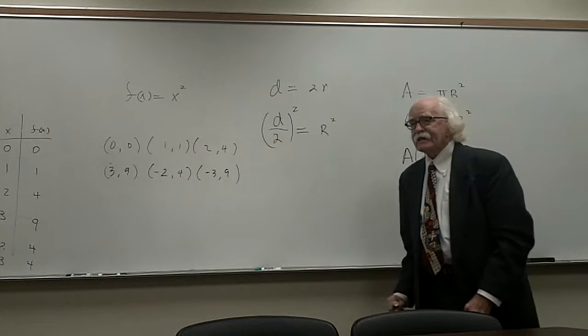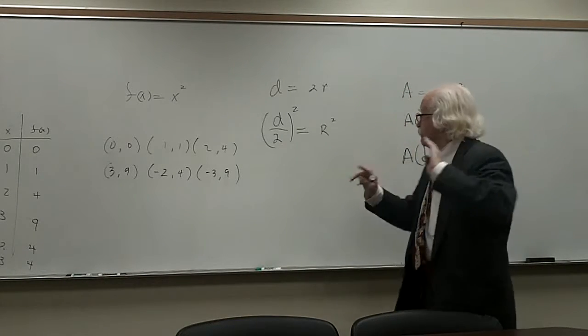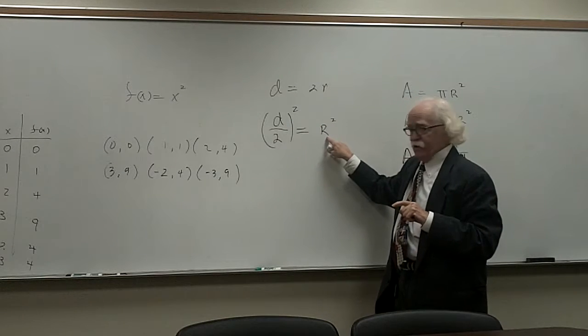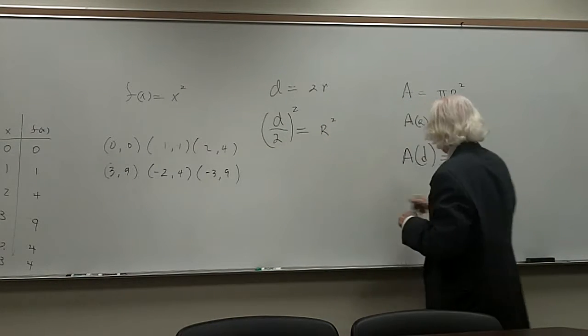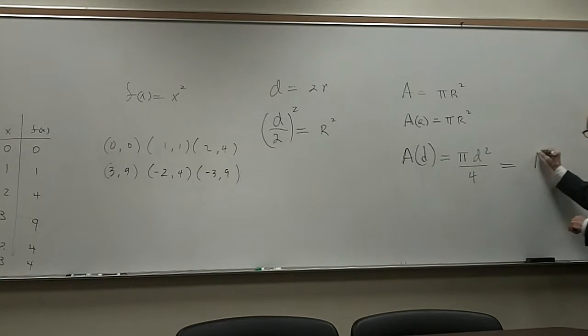D over 2 squared. That's the R squared, isn't it? So this makes it what? That's the area of a circle.